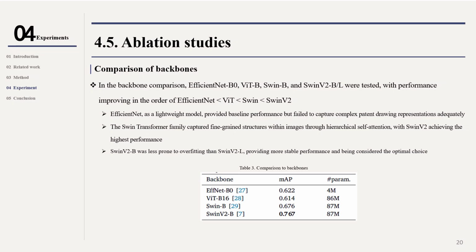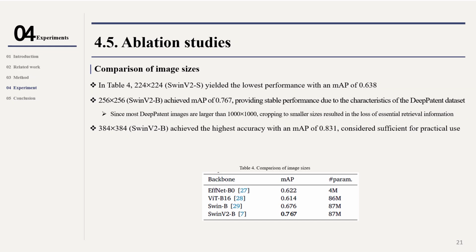SwinV2-B was less prone to overfitting than the SwinV2-L model, providing more suitable performance and being considered the optimal choice.